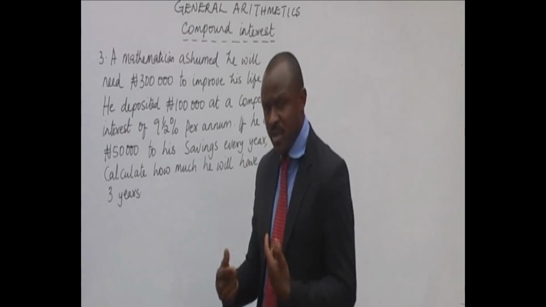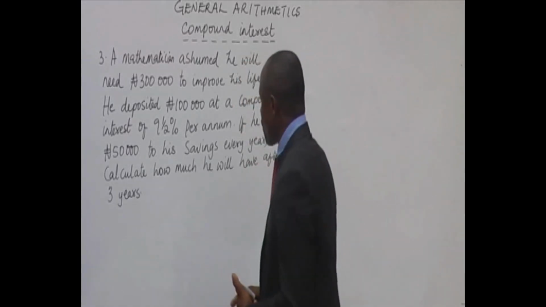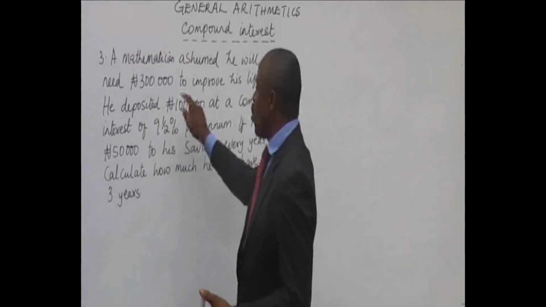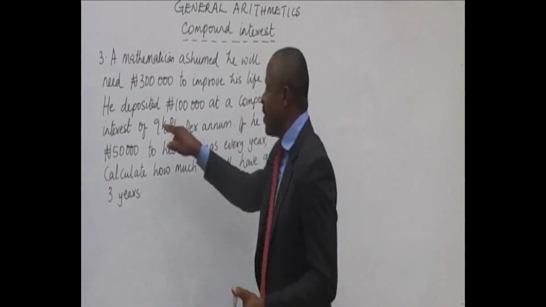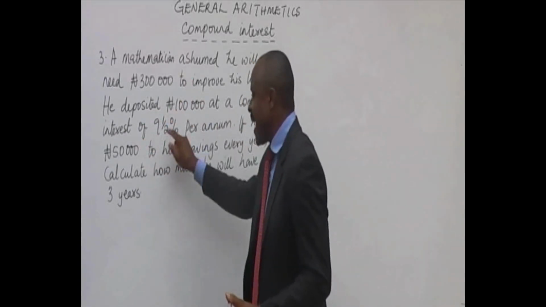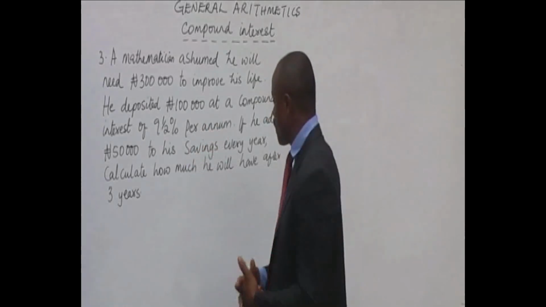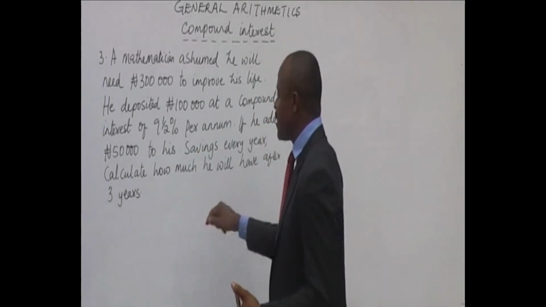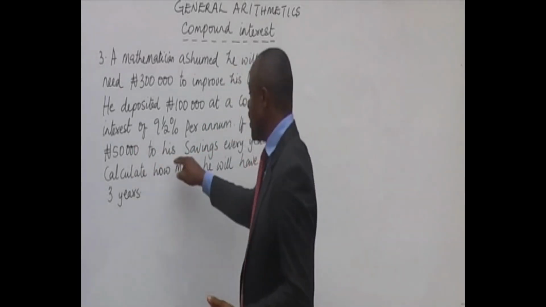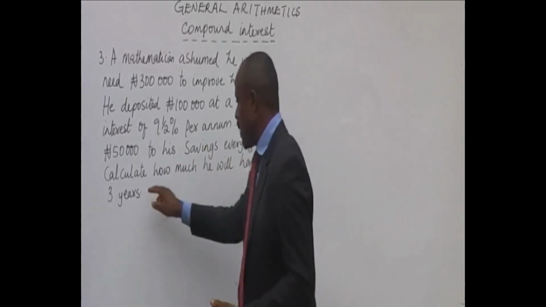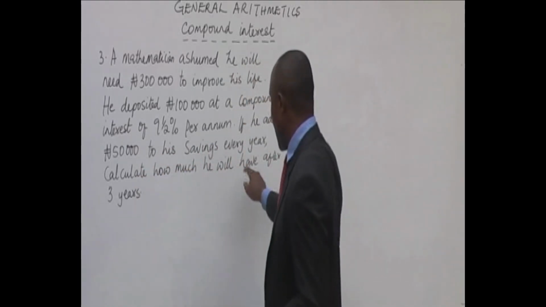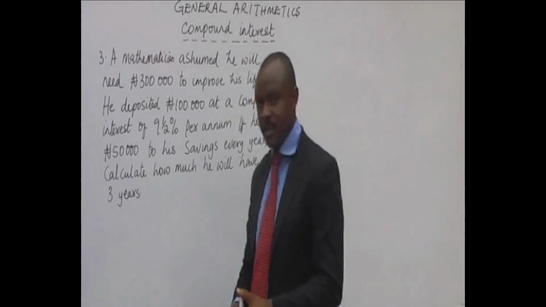You understand what it means to improve life. So he deposited 100,000 at a compound interest of 9.5% per annum. If he adds 50,000 to his savings every year, calculate how much he will have after 3 years. Very simple.